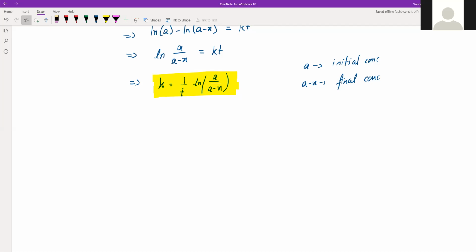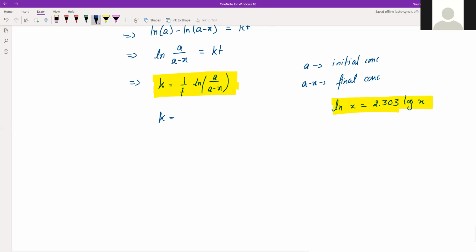Now coming to the common log, if we have to change this to common log, how do we change from natural log to common log? ln x is equal to 2.303 log x. This is the simple conversion rule, which I think we have seen initially when we did log classes.